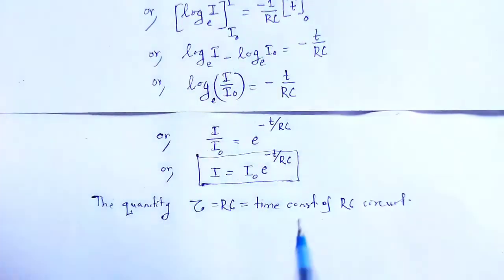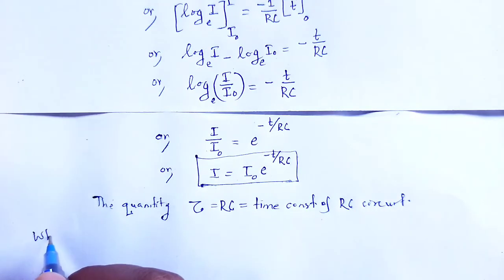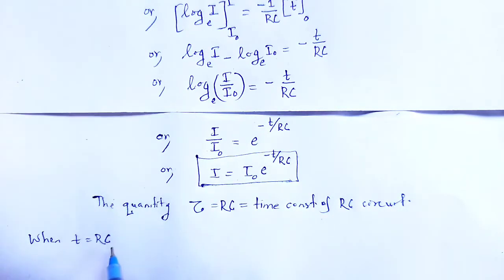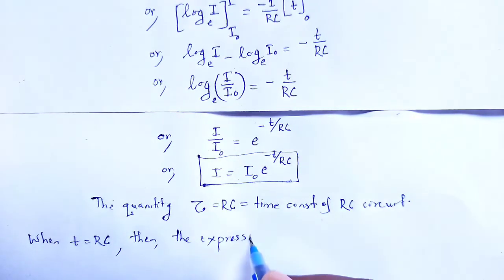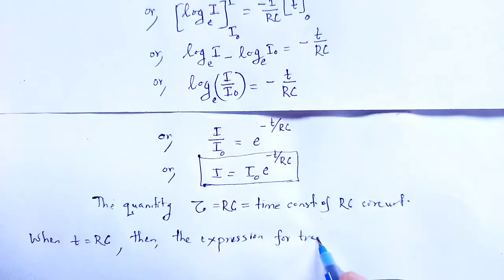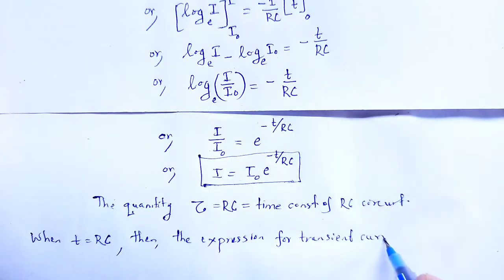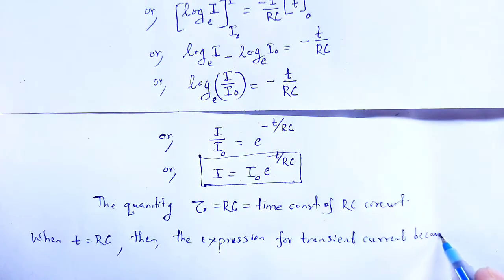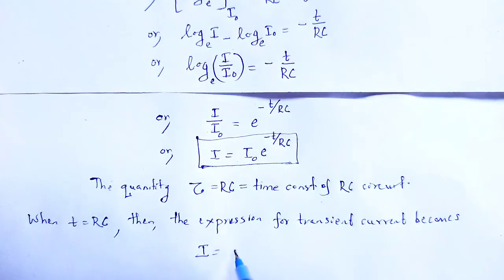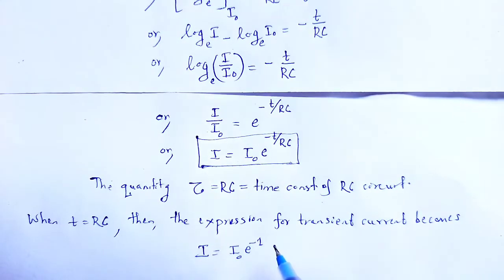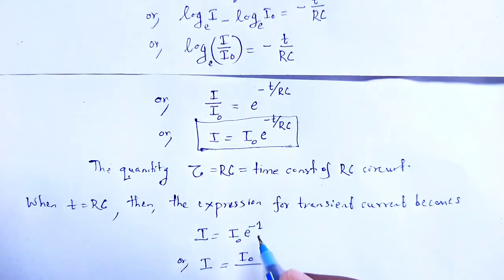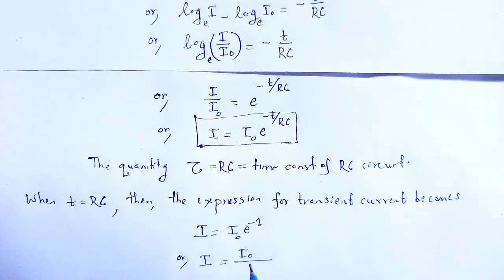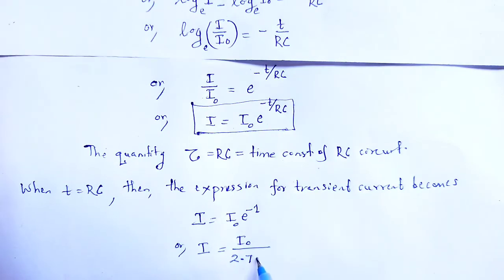When t is equal to RC, the expression for transient current becomes I is equal to I naught e to the power minus 1, or I is equal to I naught divided by the value of e, that is 2.718.